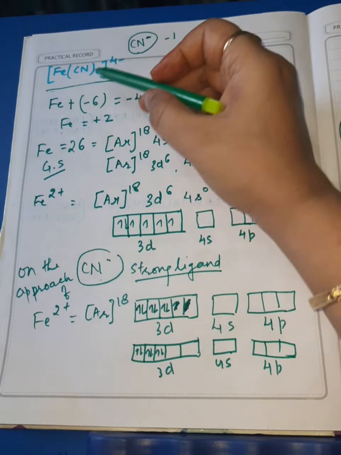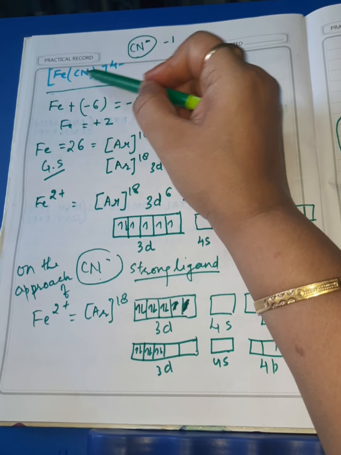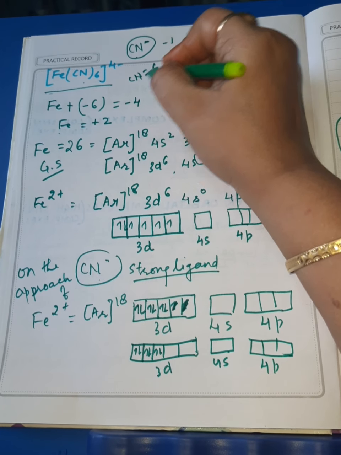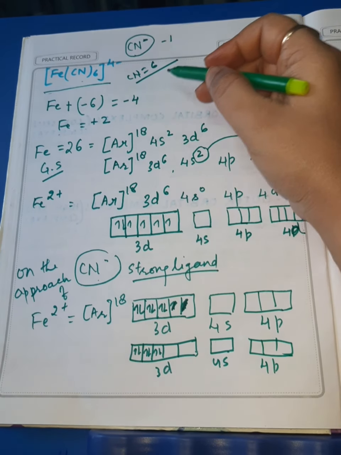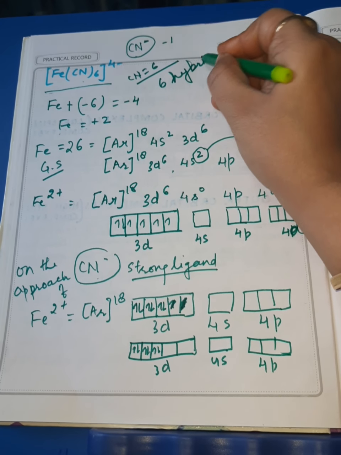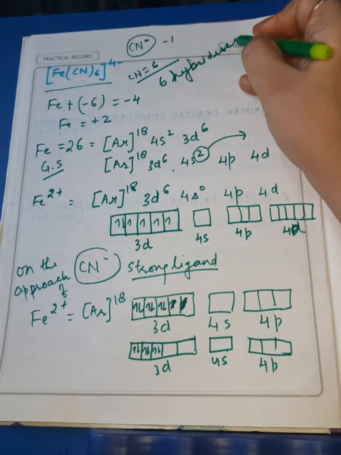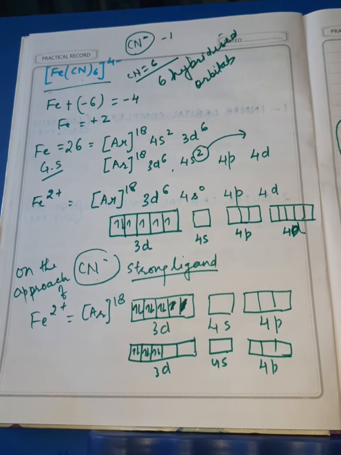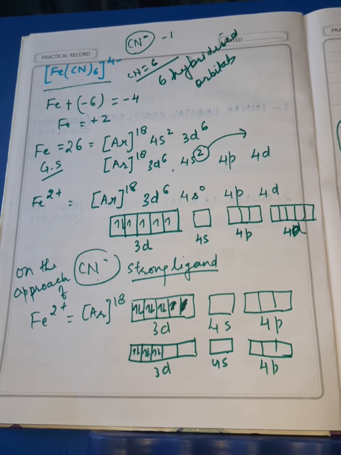Now, if we see the formula, Fe has bonded with 6 CN minus. That means its coordination number is 6. That means it needs 6 hybridized orbitals in order to get bonded with 6 CN minus.